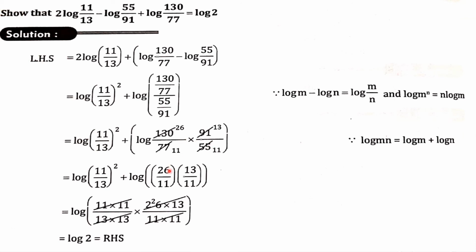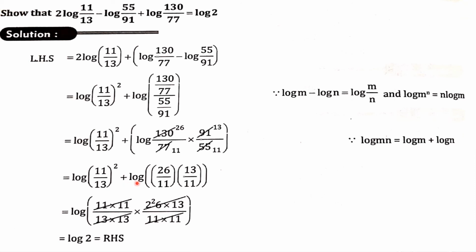Cancel, you will get 26 by 11 and 13 by 11. So here you have 11 and 13, that is you have square here. Log is common for both. 11 into 11, 13 into 13 you will write, because whenever you have plus, make sure what you write is log m plus log n.